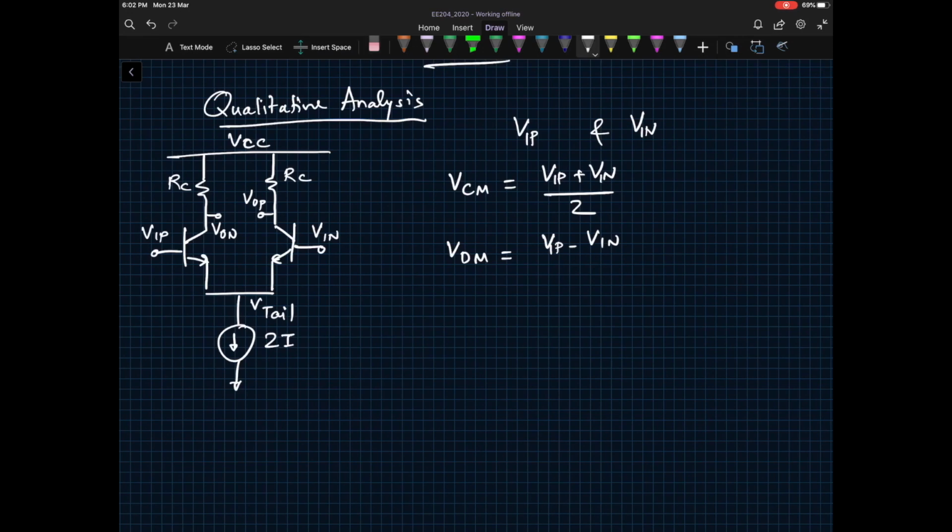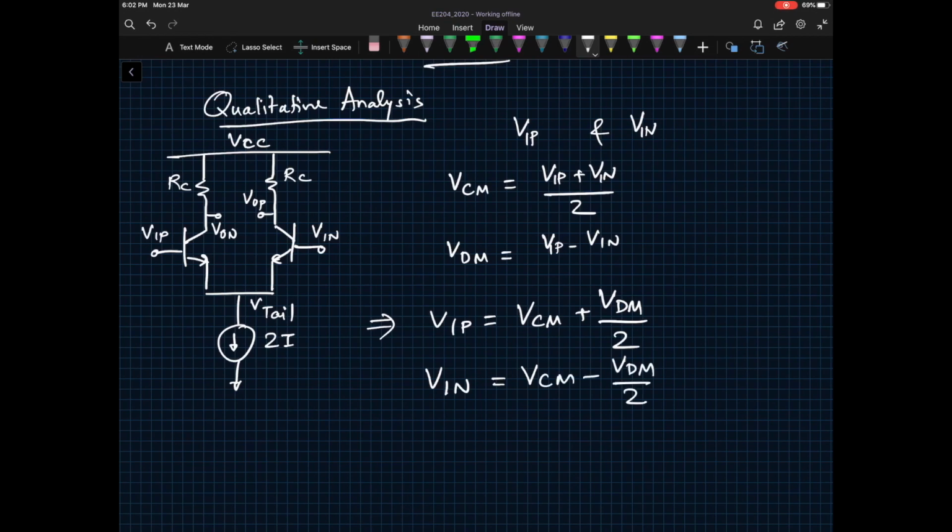So from these equations, we can rewrite VIP is equal to VCM plus VDM, which is the differential signal, divided by 2, and VIN is equal to VCM minus VDM divided by 2.